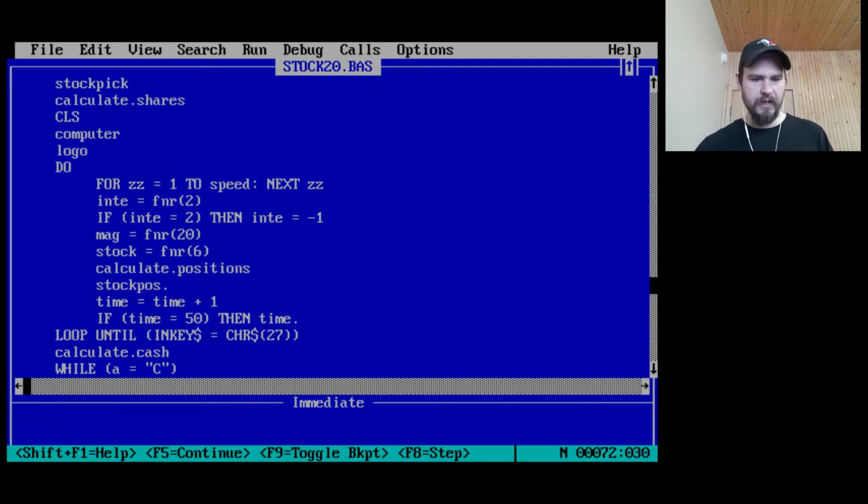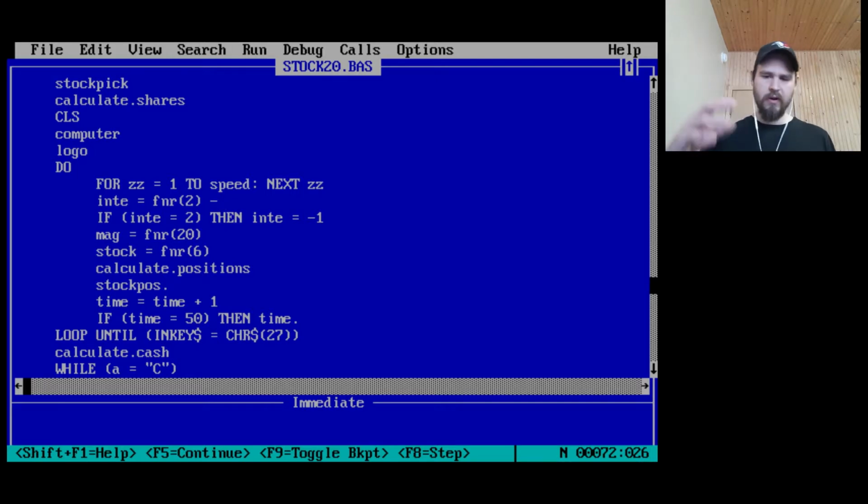Into equals FNR2, so randomly between 1 and 2. Into is up or down, if you recall from the previous stock simulators. Oh, if into equals 2, then into equals -1. I could have, no, I couldn't have done, yeah, okay.